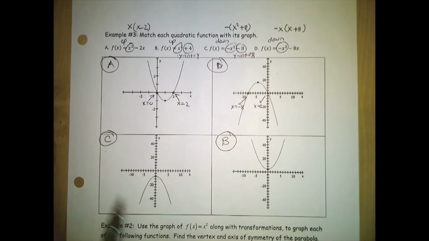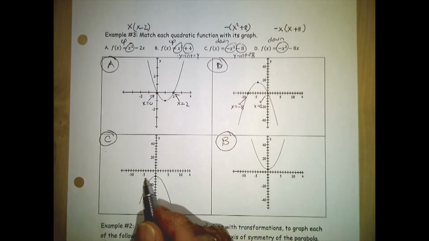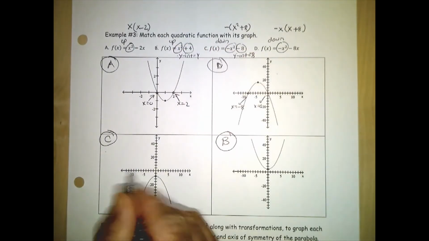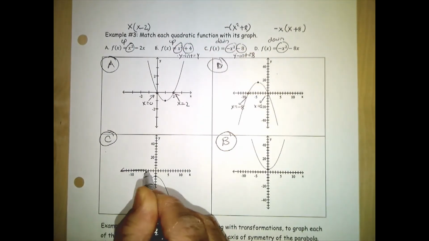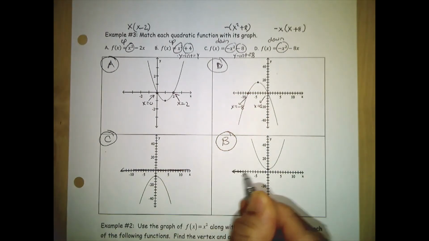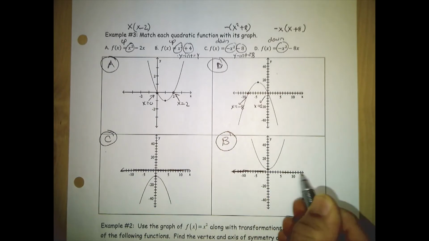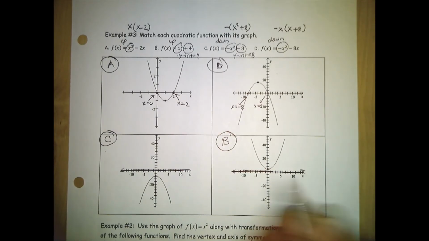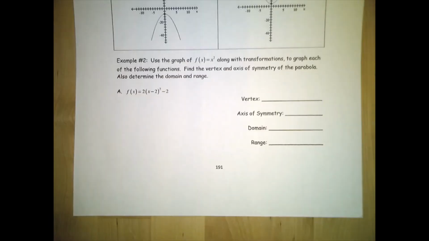Now, by the way, if I look at the graph, I see that B and C did not have any real zeros anyway because neither of them actually had a graph that intersected with the x-axis. So keep that in mind as well.